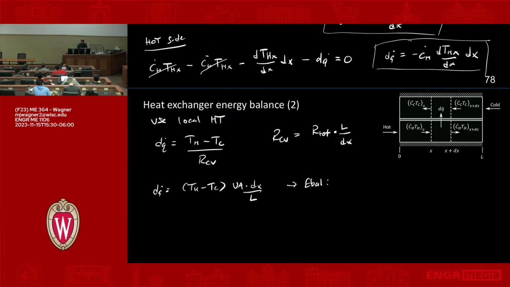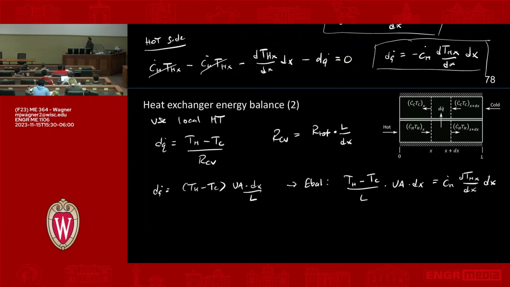And that gives us the following. So let's write that more clearly, sorry. TH minus TC over L times UA times dx is equal to C dot H times dTH/dx times dx. Right, so we're just subbing in that dq that we just solved for.